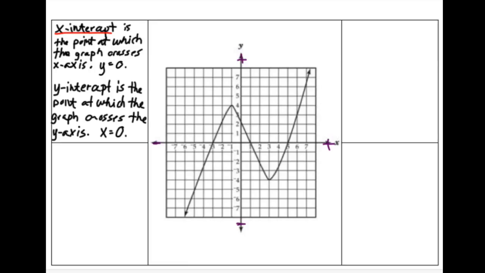So first of all, if I start from the left, I'm looking at where my function is crossing the x-axis, and I see that here at -3. Then I follow the line of my graph, and I see that it crosses the x-axis again at +1, and one more time at +5. Hopefully it's clear that those locations are x-intercepts.